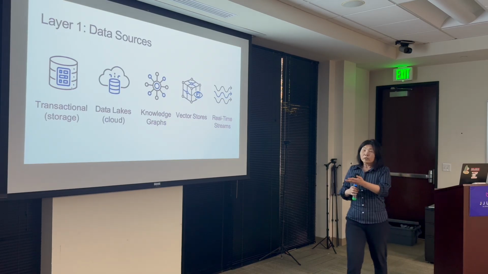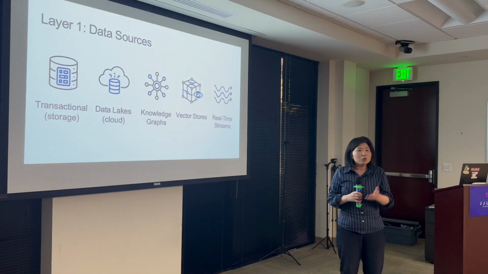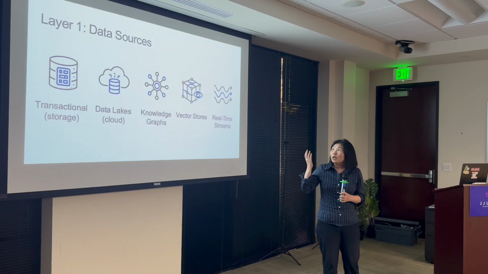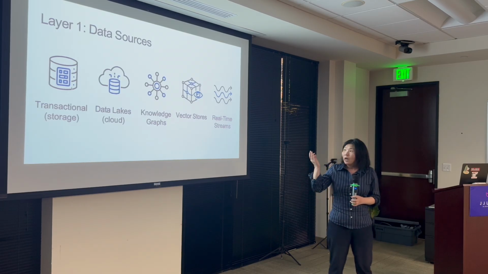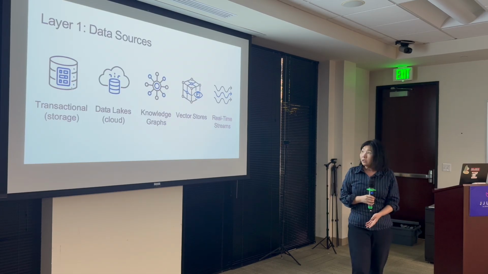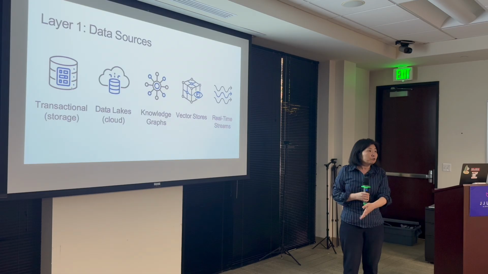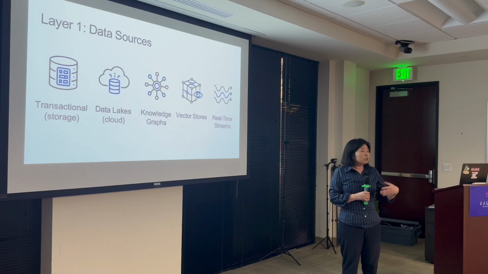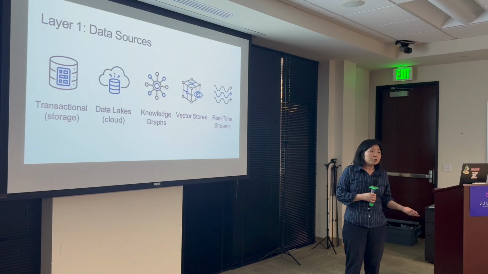So the previous speaker did an excellent job reviewing the history of data. And so today we have transactional data that's just a normal database. We have a collection of different types of data in the data lake. Knowledge graph is useful to understand the entity relationship.